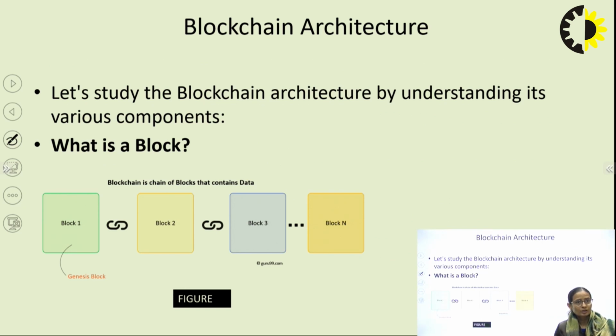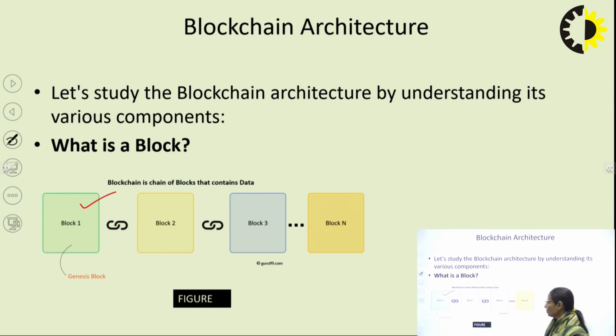Blockchain architecture, we can understand by understanding its various components. So what is a block? As we have seen, a block is an ordinary location where we keep the transactions along with the metadata of that particular block.